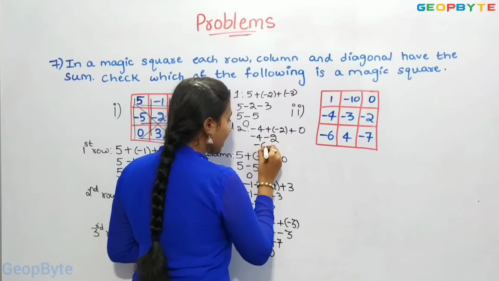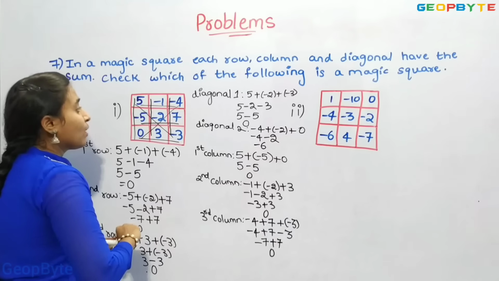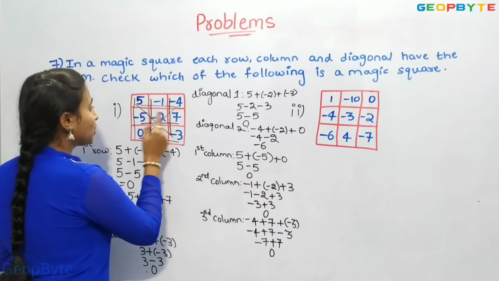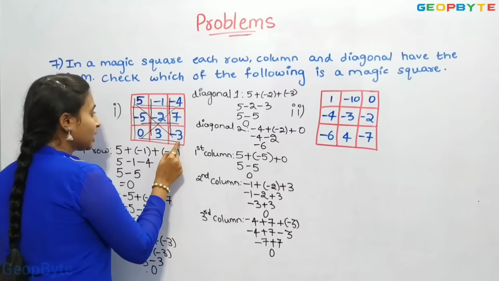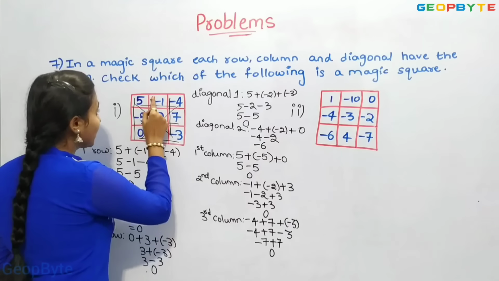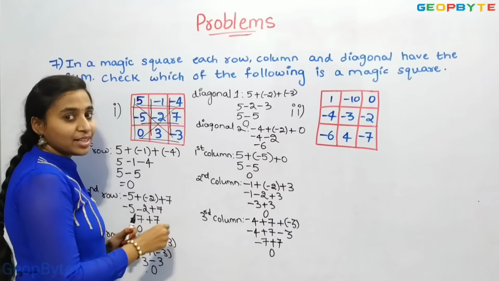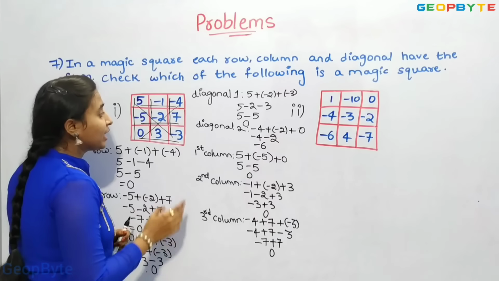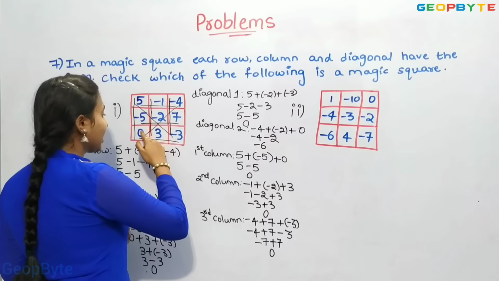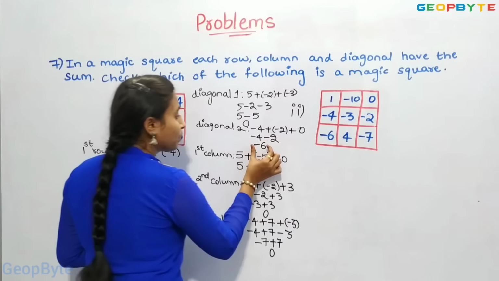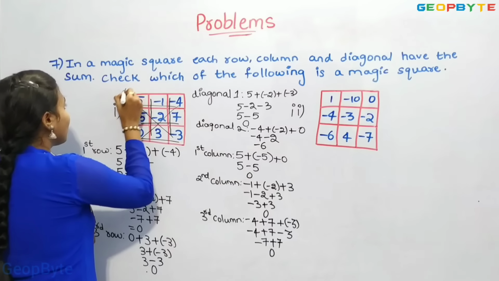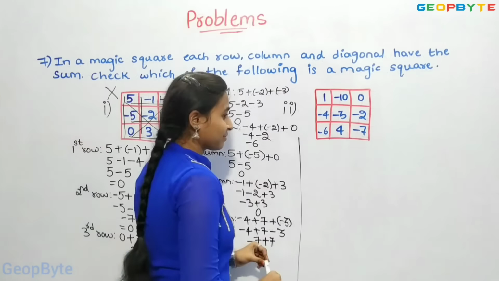But minus 6. See, we got first row, second row, third row, first column, second column, third column, and the first diagonal as zeros. But we didn't get the second diagonal as 0. We got minus 6. So, this is not a magic square.